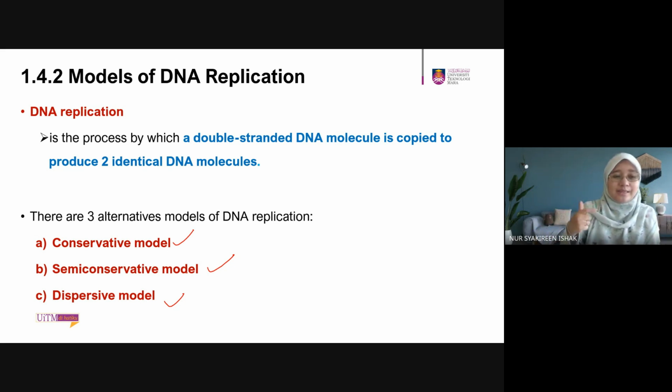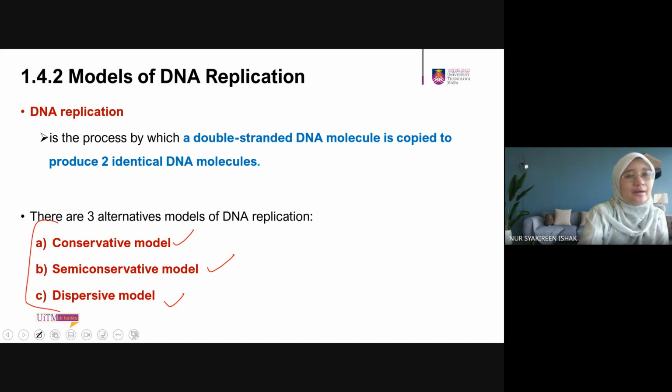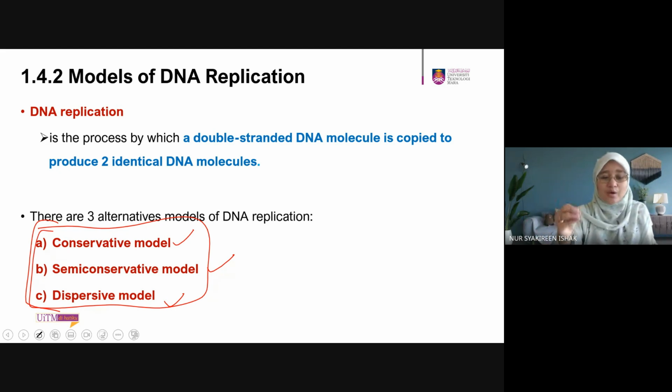These are hypotheses or theories that were proposed to suggest how DNA replication occurs. Of these three, we have to know which one is the correct model.